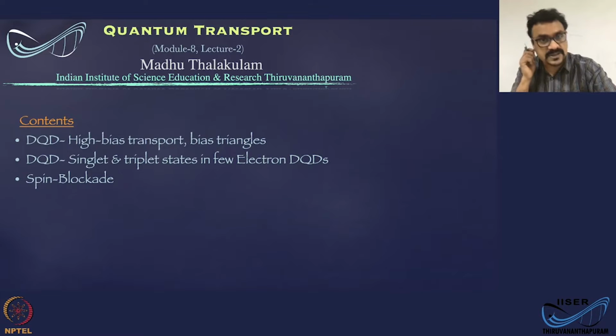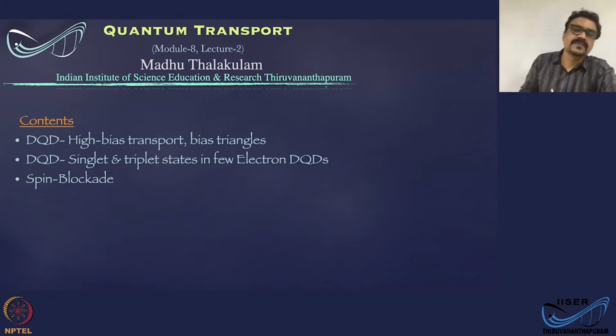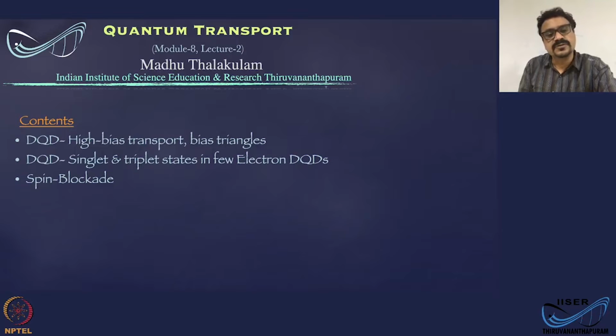In the previous lecture, we discussed transport through a double quantum dot in the low bias regime. What we saw was that in the gate voltage space VG1 and VG2, those are the gate voltages for dot 1 and dot 2 respectively, there are hexagonally arranged points where the current is non-zero.